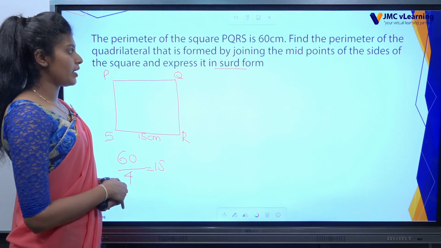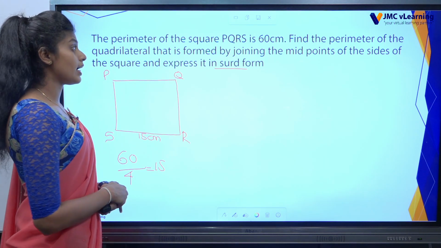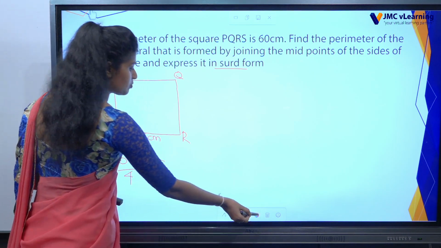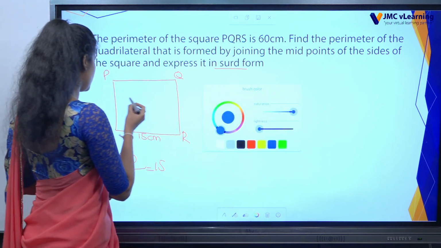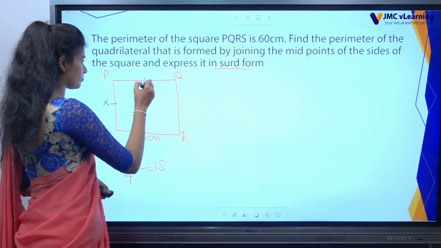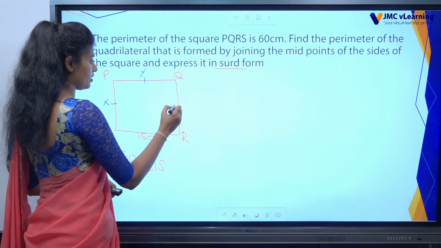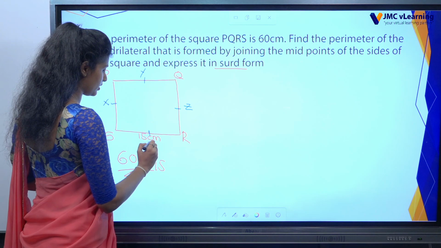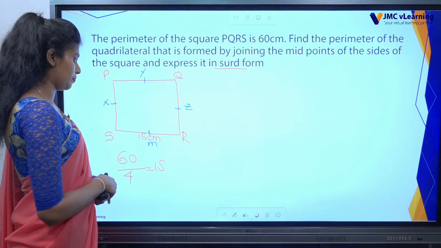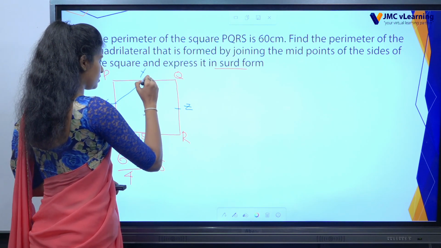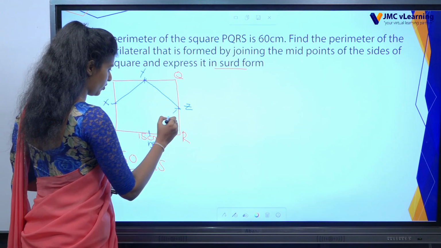We have to find the perimeter of the quadrilateral that is formed by joining the midpoints of the sides. Then let's mark the midpoints of each. I am calling this one X, Y, Z. This midpoint I am marking as M. Then let's join each of these midpoints.